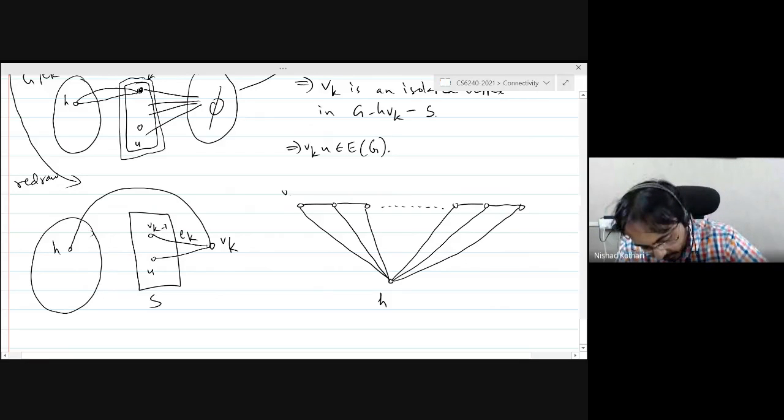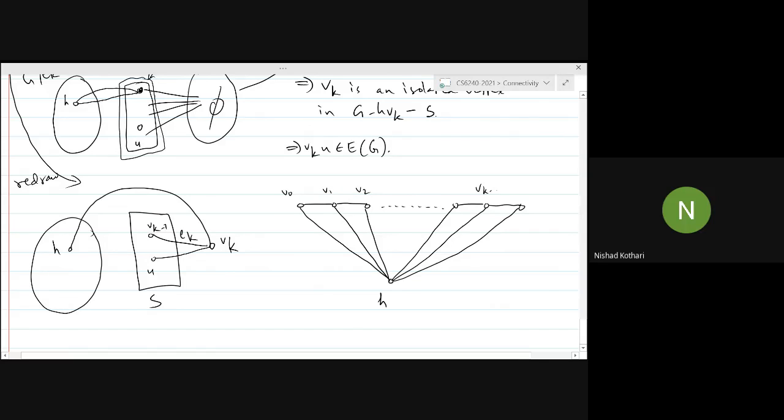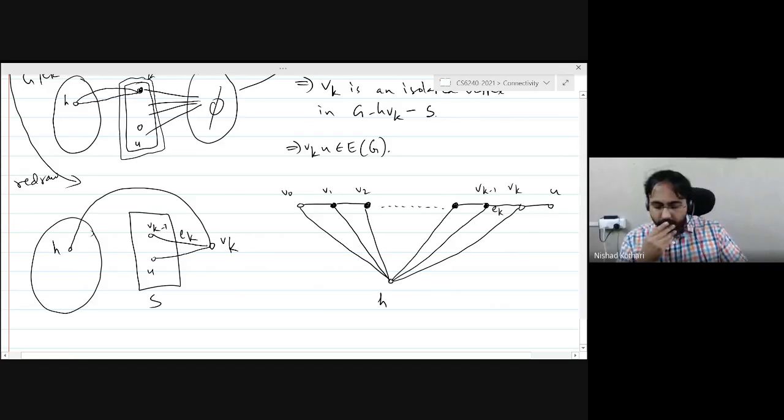Okay, so this is V0, V1, V2, Vk minus 1, Vk. This is the edge Ek. All these vertices are cubic. And we found a neighbor of Vk called U. Again, this drawing is slightly misleading.